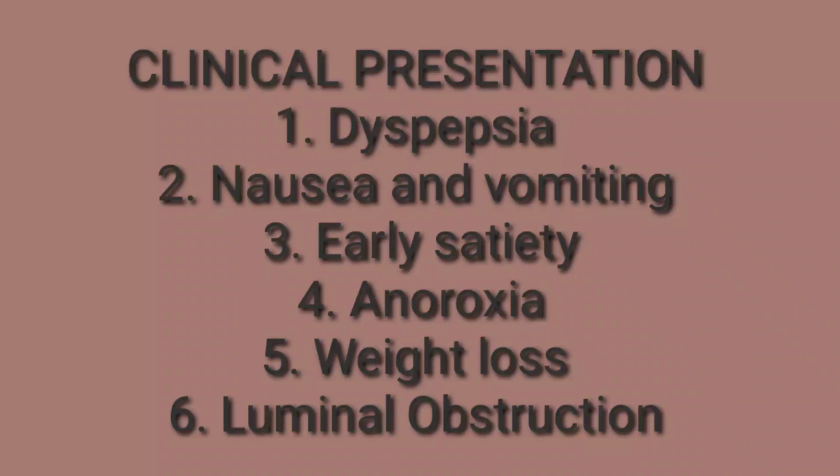The patient might be anorexic, or there will be weight loss because of the fear of eating, which will eventually cause pain. Luminal obstruction occurs when the tumor is large enough to obstruct the gastroesophageal junction and the upper part of the stomach, which you have already seen in this patient, and as a result the patient had a scaphoid abdomen and mostly the weight was lost. So these are the clinical presentations for gastric adenocarcinoma.